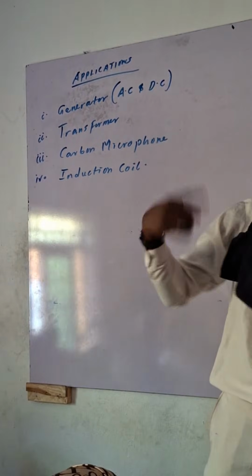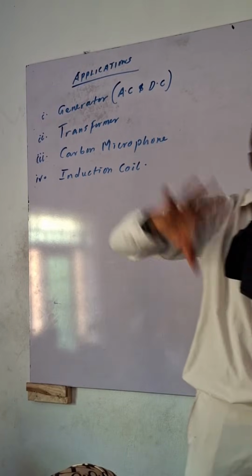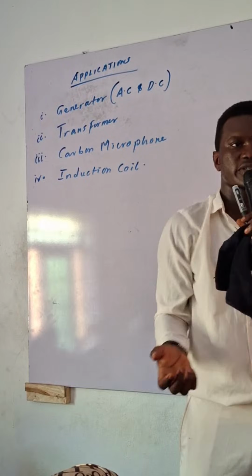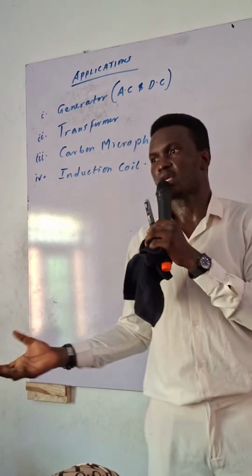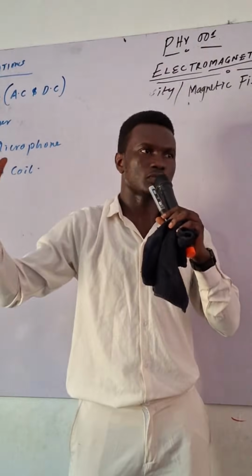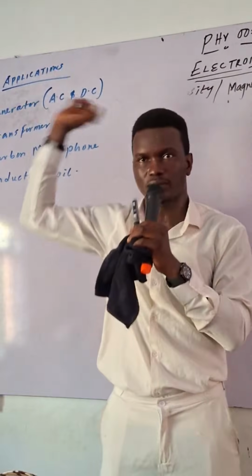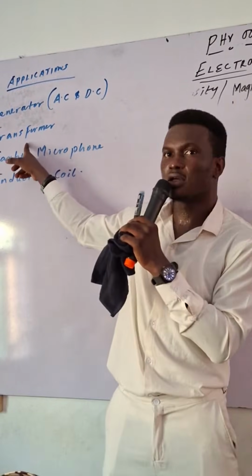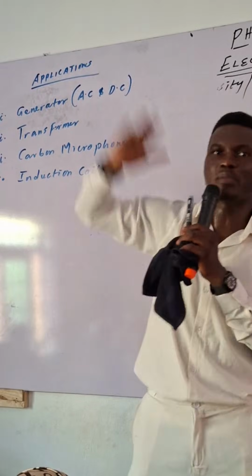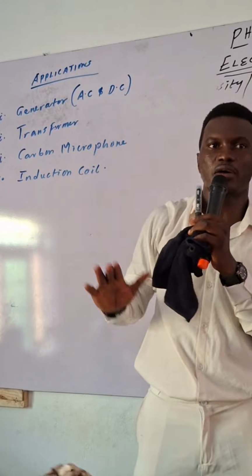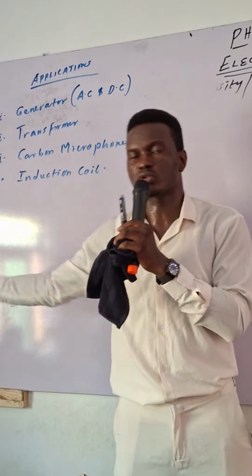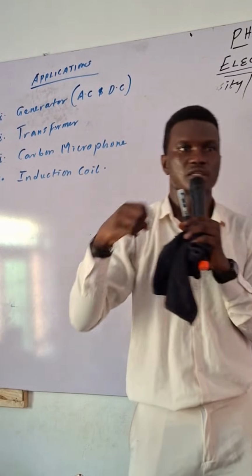By the time the magnet rotates, it generates EMF, just like a magnet cutting flux generates EMF. That EMF is stepped up to a higher value and sent to the city using a transformer. The generator generates the EMF; the transformer steps the EMF up or down and sends it to the community. When it gets to the front of your house, it steps down, then is sent to your house.